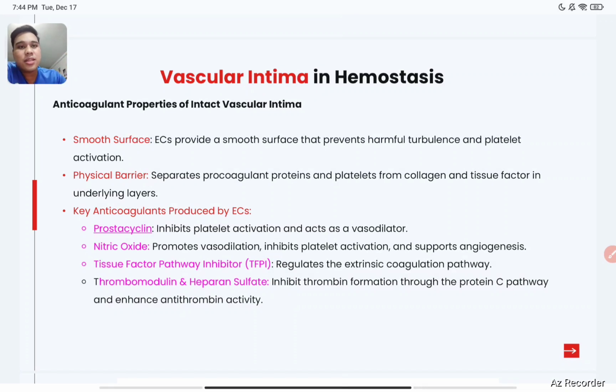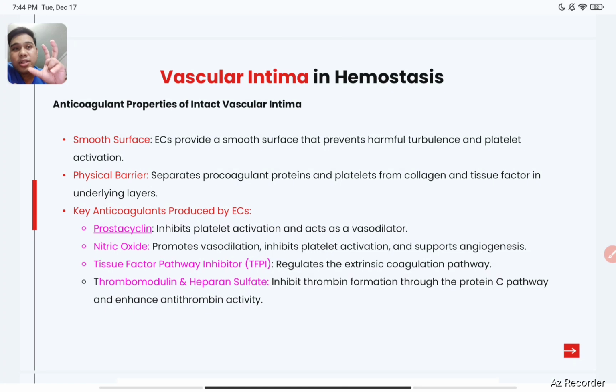So it also acts as a physical barrier which separates the procoagulant proteins and platelets from collagen and tissue factor in the underlying layers. As you can recall, di ba? Surrounding the blood vessel is your connective tissue. And basically in the tunica adventitia, connective tissue na yun eh. Ano yung meron sa connective tissue na yun? Yun, di ba? Yung collagen.